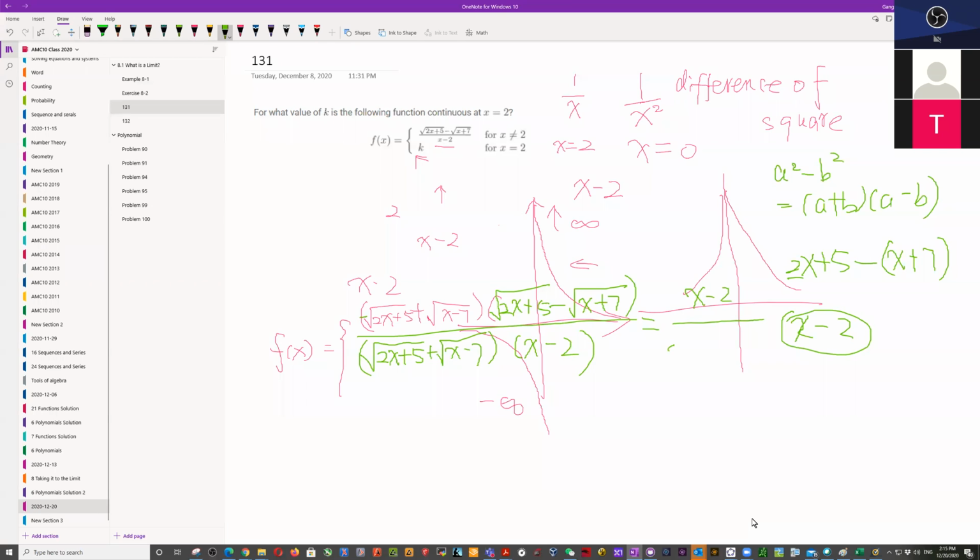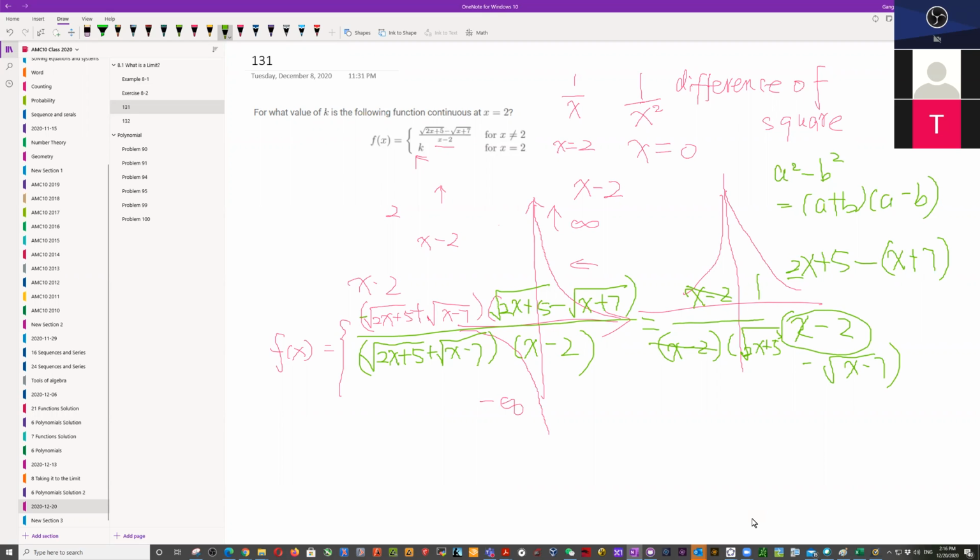On the bottom, it's going to be x minus 2 multiplied by the square root of 2x plus 5 plus the square root of x plus 7. So I can cancel this.